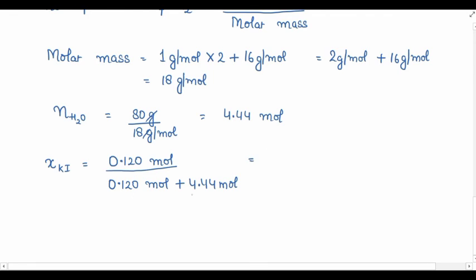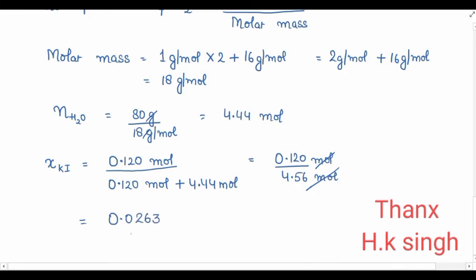Add 0.120 and 4.44, we have 0.120 mole upon 4.56 mole. Mole to mole cancel because mole fraction is a ratio quantity. It has no unit. So on dividing 0.120 by 4.56, we obtain the final answer, 0.0263.